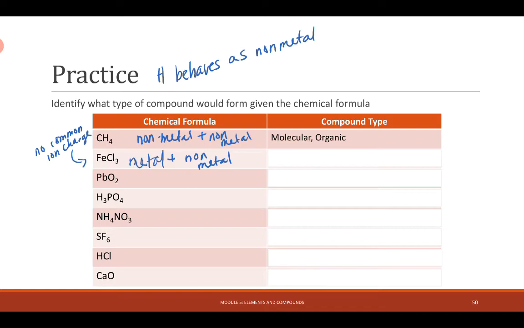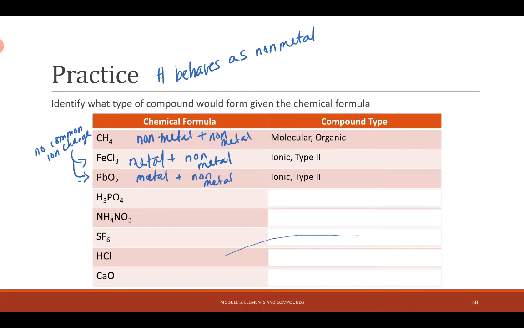Since it does not have a common ion charge, it has to be a type 2 ionic compound. This one is also a metal with a nonmetal. Remember, the elements below the staircase are metals. And so metal with a nonmetal is ionic. And then it also has no common ion charge, and so it should also be a type 2 ionic compound.